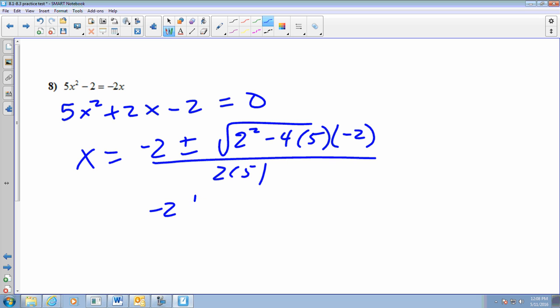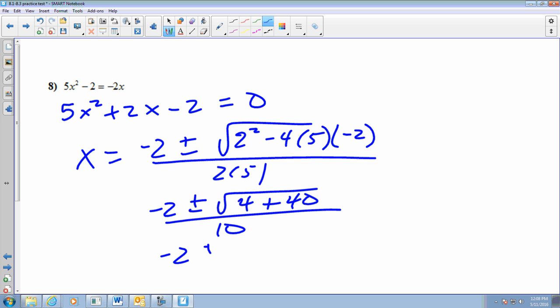Let's do some simplifying here. I get 4 plus, because negative times negative is positive, 40 over 10, which simplifies to negative 2 plus or minus root 44 over 10.